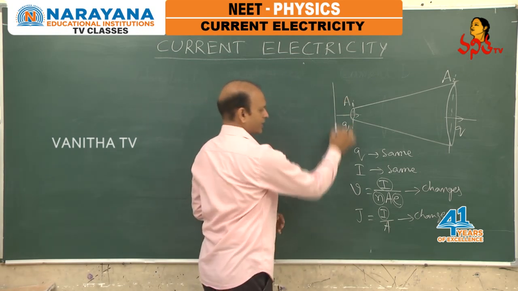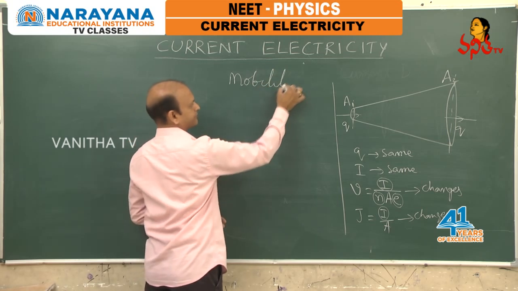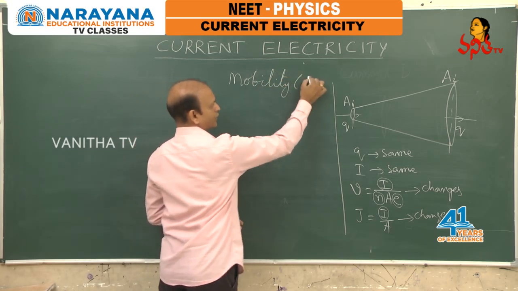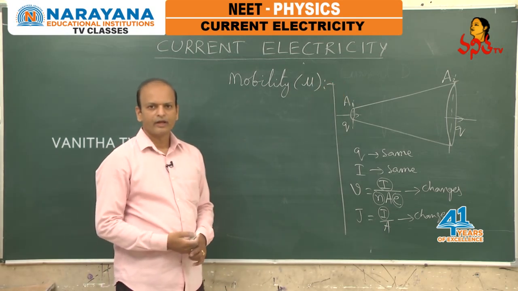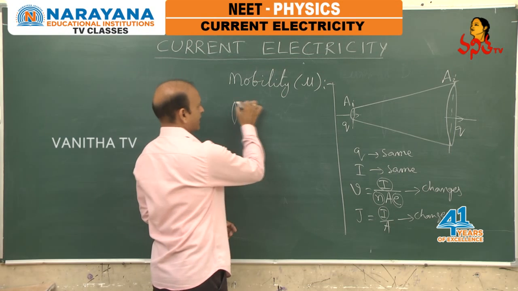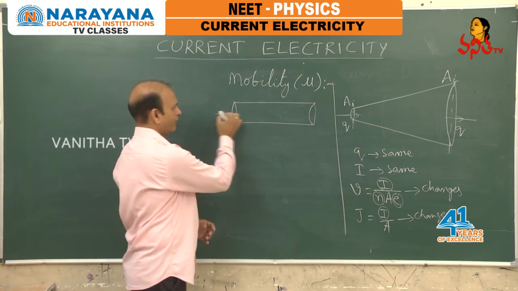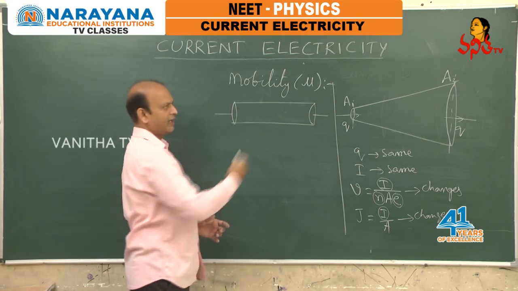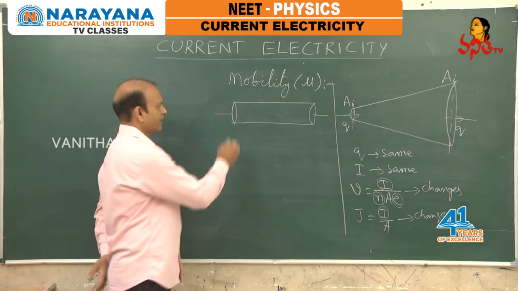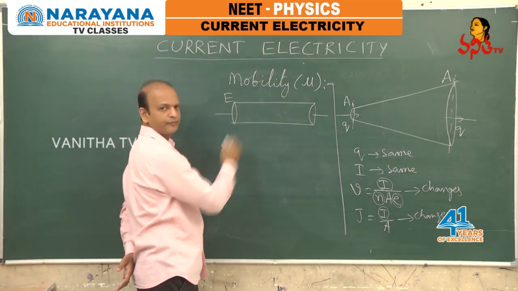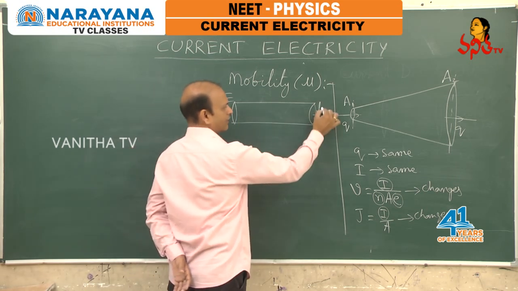Now, coming to another term, we call it mobility, shown by the symbol μ. If a conductor is taken, when an electric field or potential difference is applied across its ends, the electric field applied is E. Due to that, one side has high potential and the other side has low potential.